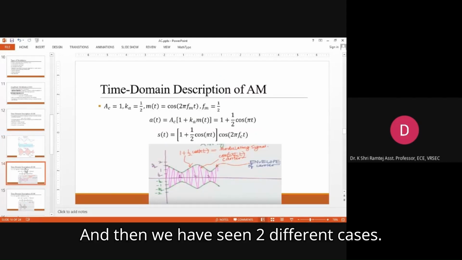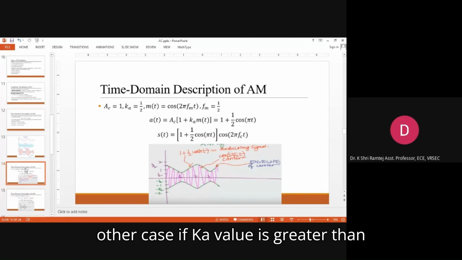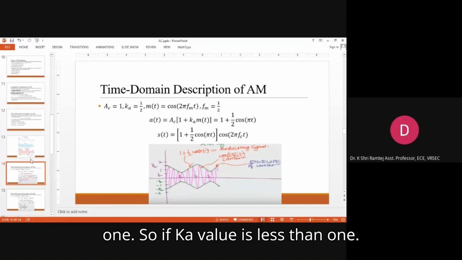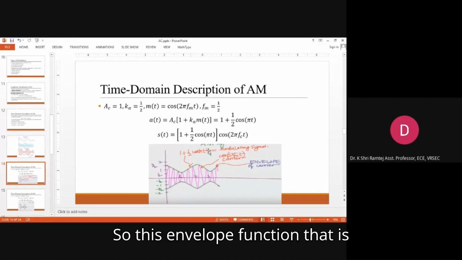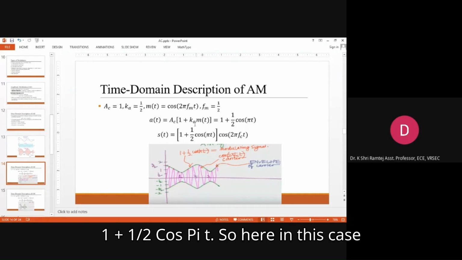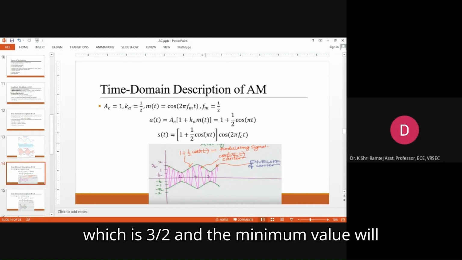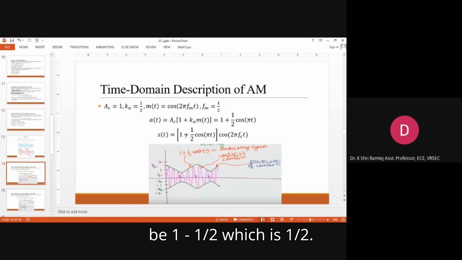And then we have seen 2 different cases. One is what happens if the Ka value is less than 1, and the other case if Ka value is greater than 1. So if Ka value is less than 1, this envelope function, that is 1 plus 1 by 2 cos pi t. In this case, the maximum value will be 1 plus 1 by 2, which is 3 by 2, and the minimum value will be 1 minus 1 by 2, which is 1 by 2.